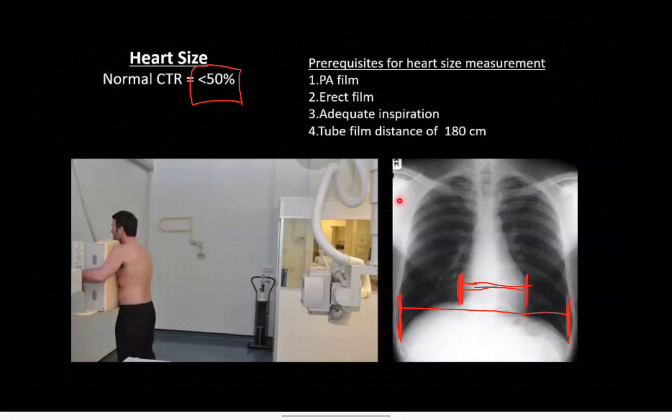If it is less than 50%, we are within the normal. If it is more than 50%, then there is cardiomegaly. This is called cardiothoracic ratio. Cardiothoracic ratio shouldn't be more than 50%. And we measure this in posterior-anterior radiograph.